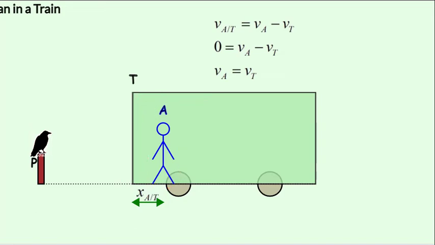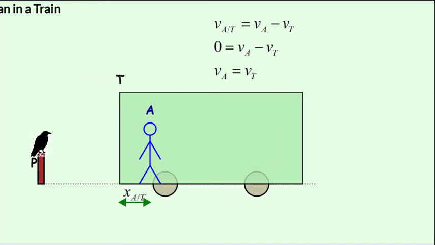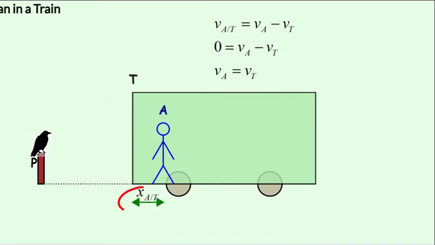Let's see that again. The displacement of the man A with respect to the train does not change, so this displacement is a constant. The velocity of the man with respect to the train, VA with respect to t, is by definition the velocity of the man A minus the velocity of the train t.